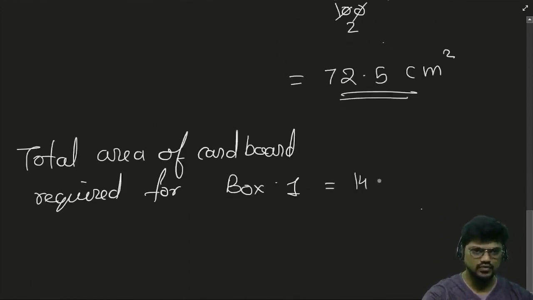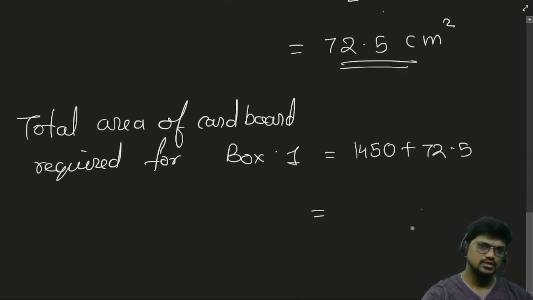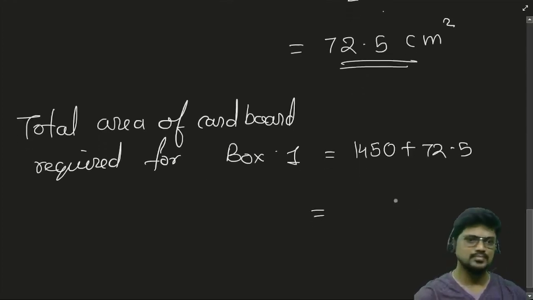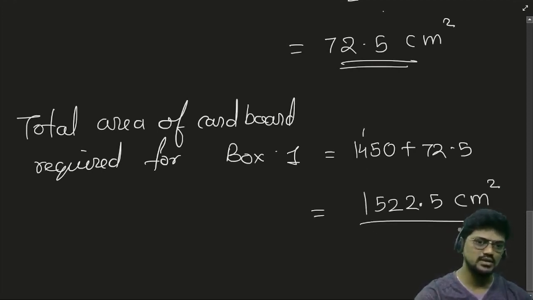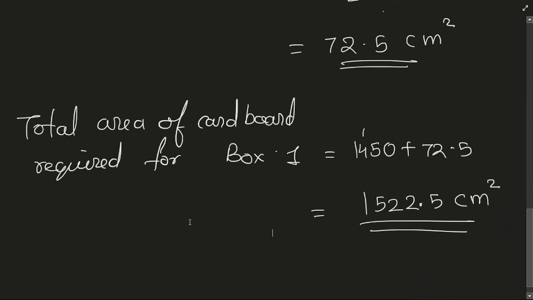That gives you 0.5, and 0 plus 2 is 2, 5 plus 7 is 12, 5, 1522.5 centimeter square will be the area required. Okay. So what did we get? That is total surface area of cardboard required for box 1 is this much.